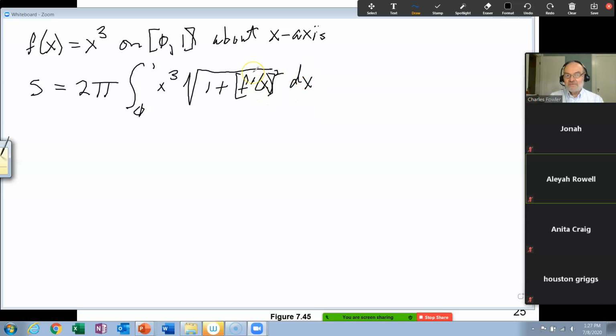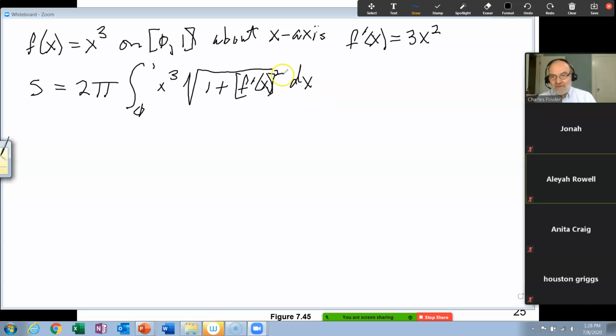Okay, so one of the first things we've got to do is find out what f prime is. What is f prime of x? Pretty easy. 3x squared.